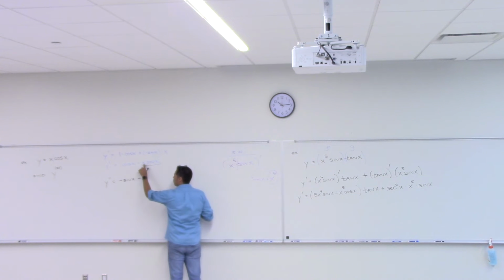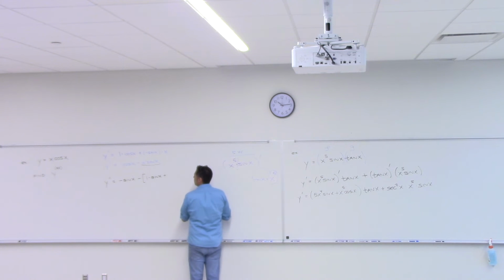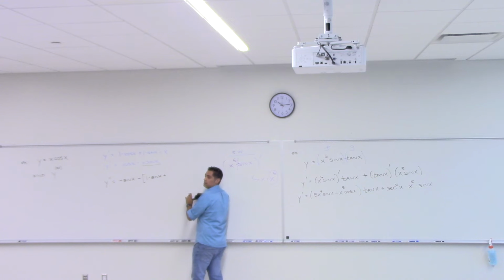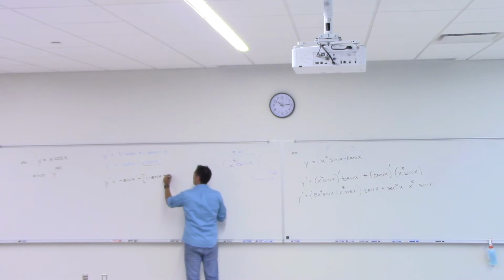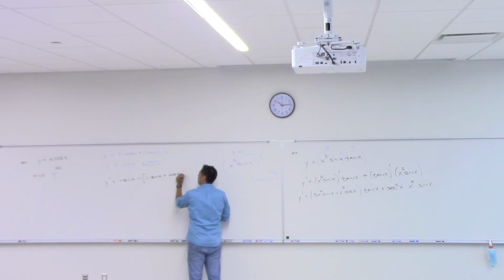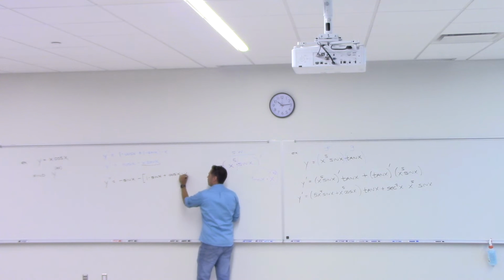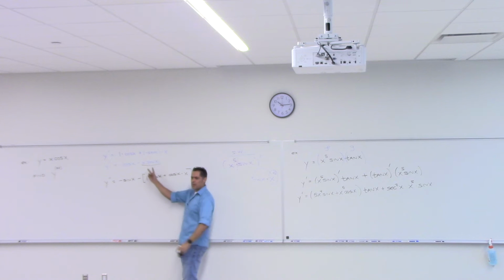So let's do the product rule. Derivative of the first one, 1, right? Times the second. Plus, what's the derivative of the second one? Cosine, times the first one, x. Y'all see what I'm doing here?